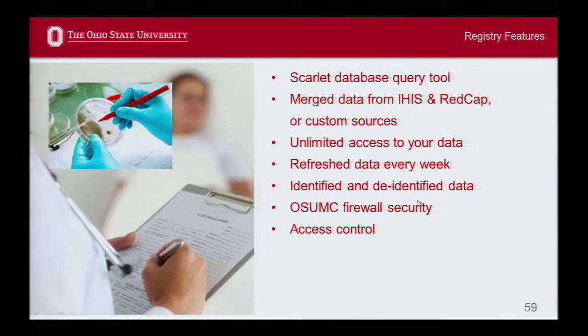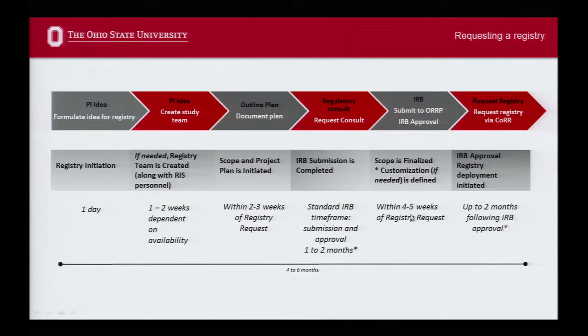You can get identified or de-identified data, and it's secure behind the OSUMC firewall, and you have access control. You can say who has access to it, and you get your IRB and yes, you give that to him.